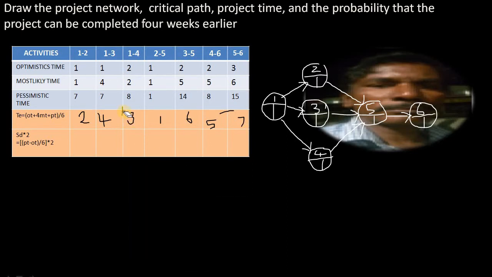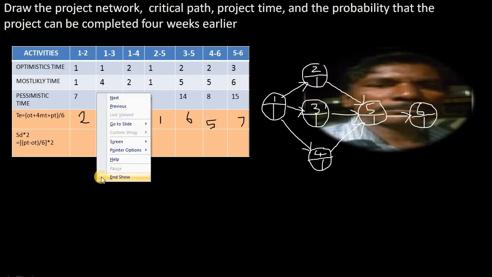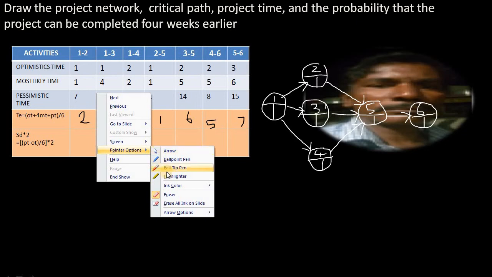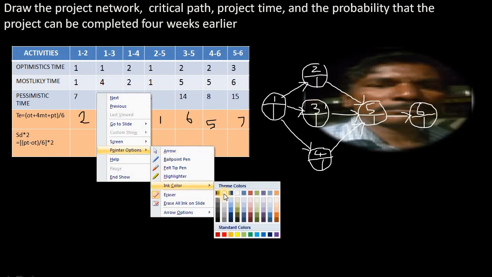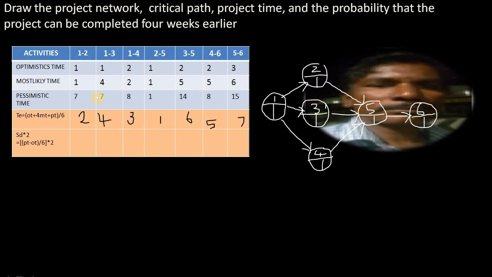Now let me erase those things because that would be confusing to us. Okay, so this is the expected time. We have done a good thing here: the 3 time estimates are reduced to a single time estimate by using the formula: expected time is equal to optimistic time plus 4 times most likely time plus pessimistic time, divided by 6.